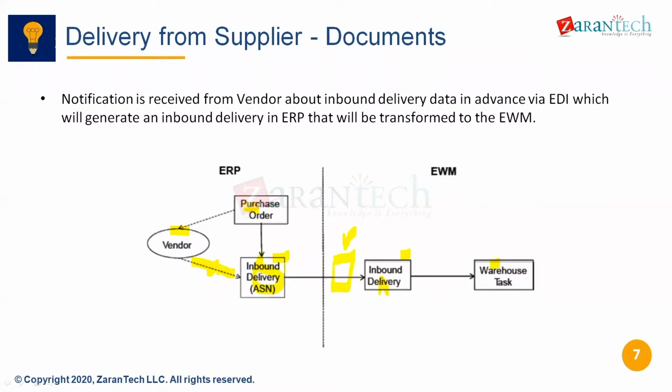Now in S/4HANA, the ERP inbound delivery or ASN directly gets converted through the queue into an EWM inbound delivery. Previously it first got replicated to the decentralized system, and then converted into an inbound delivery. So don't worry too much if you see IDN, the inbound delivery notification document, in your decentralized system. It's just a replica of your ASN in a different system. That's how it used to work in the decentralized world.